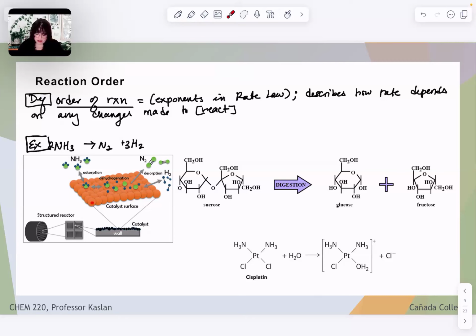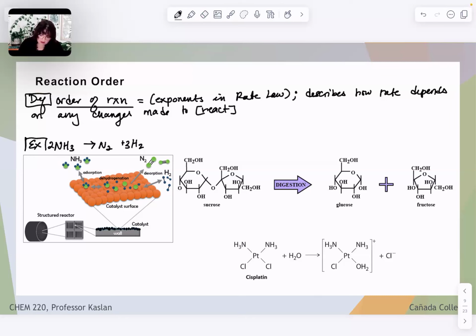So in orange here, we have the surface of the catalyst. And every time we have an ammonia molecule that makes it to this surface, that catalyst allows for the dehydrogenation, which then ejects as decomposition products through desorption N2 and H2. So what does it mean to be zero order? Why is this an example of a zero order reaction?